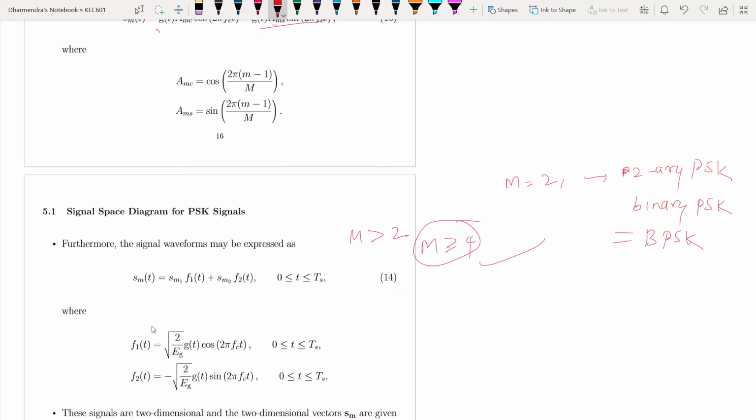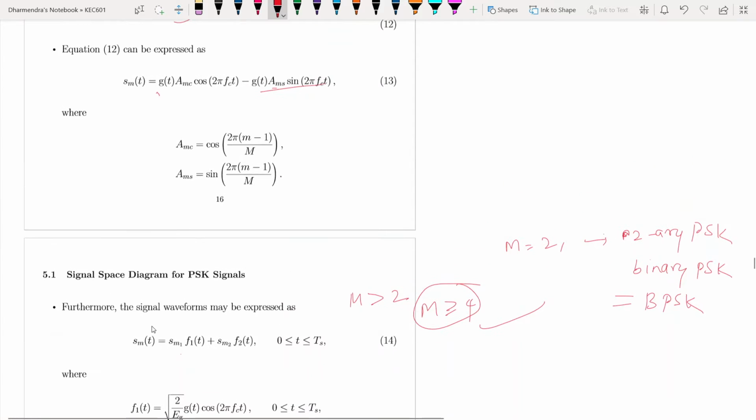So it can be written like this: g of t into Amc into cos 2 pi fct.